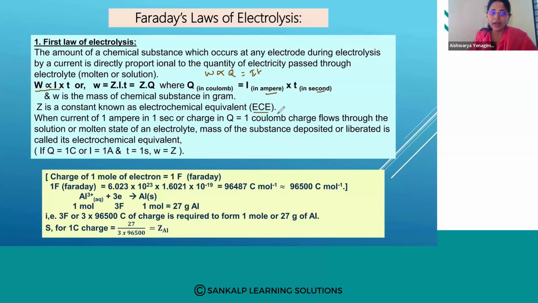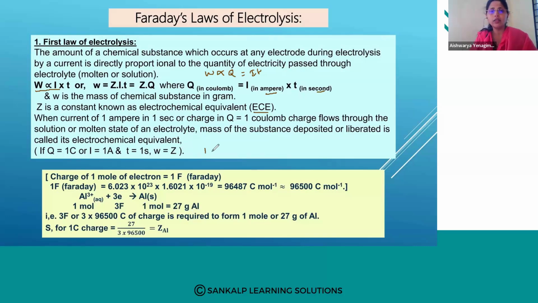If you pass a current of 1 ampere for 1 second, how much charge are you passing? All should be in unity. A current of 1 ampere for 1 second gives 1 coulomb of charge. So when 1 coulomb of charge flows through the solution or molten electrolyte, the mass of substance deposited or liberated is called the electrochemical equivalent.